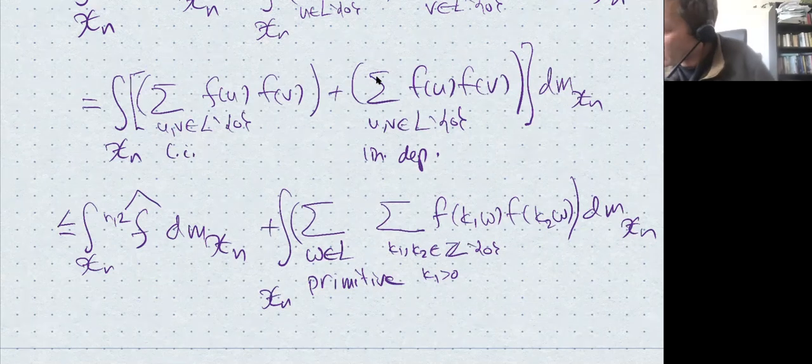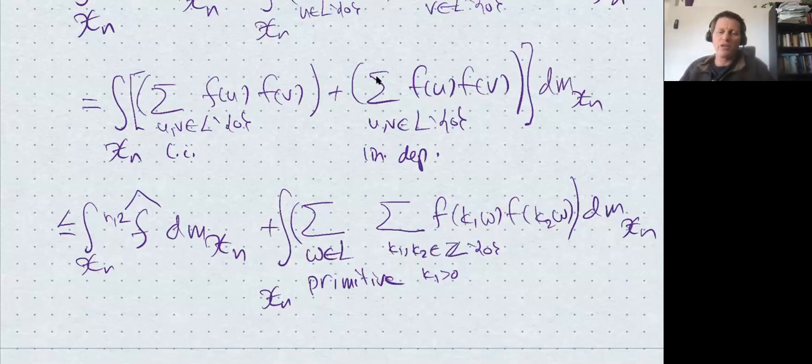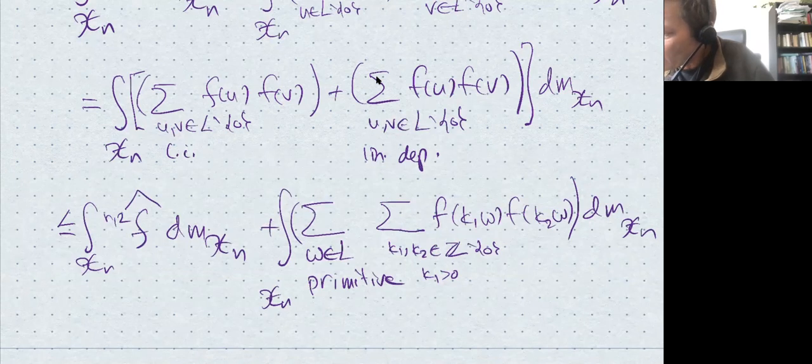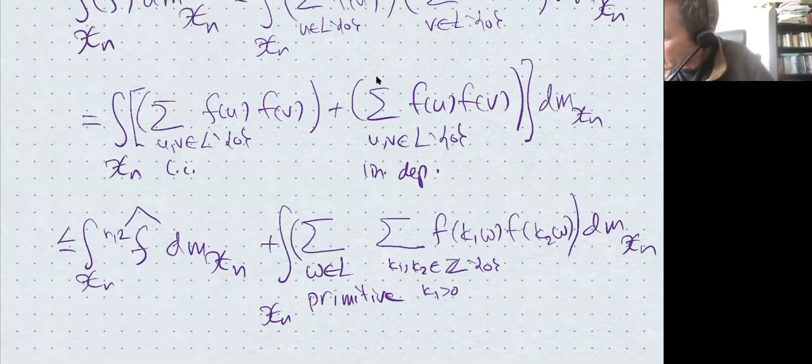The primitive vector is called W, and in all possible cases I choose that primitive vector such that U is a positive multiple of it. And then V might also be a positive multiple of that primitive vector, or it might be a negative multiple. So that's why we have K1 positive, and K2 is just some non-zero integer. So that's the formula that we get when we split up the integral into two pieces. And at this point, this is still an equality.